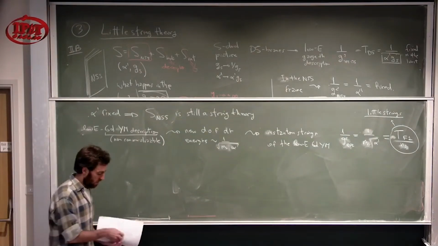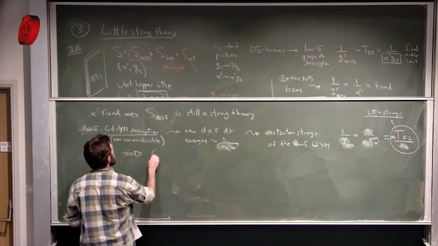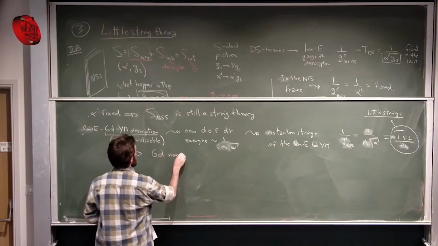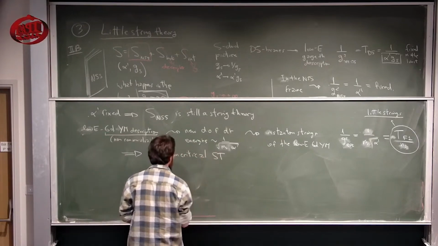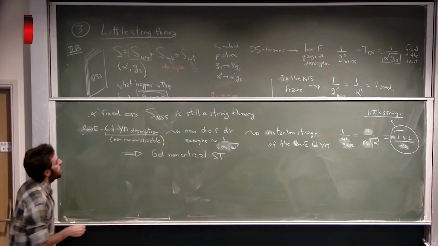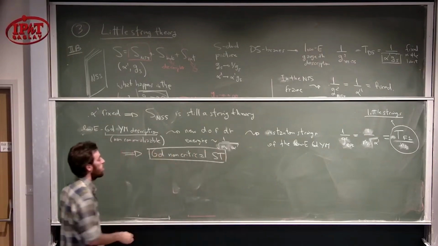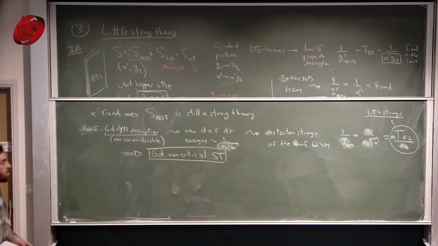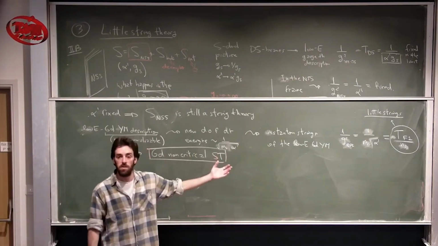Okay. So this is a 6D non-critical string theory, and it retains some of the features of being a string theory. For example, it has duality, right?